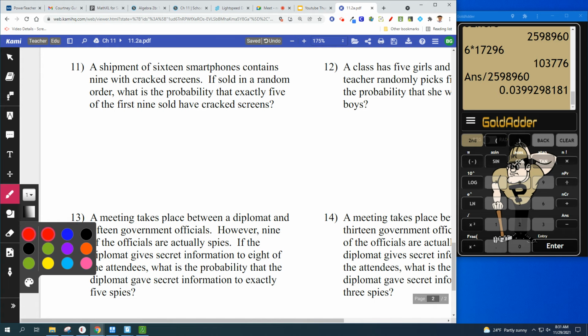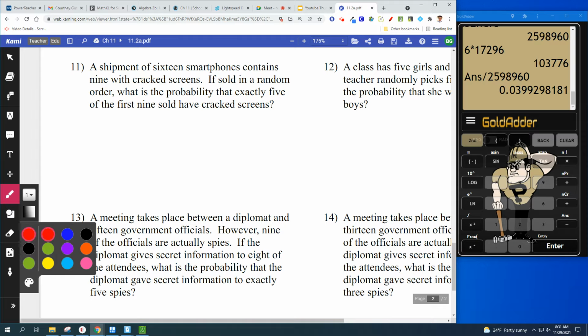Number 11. A shipment of 16 smartphones contains 9 with cracked screens. If sold in a random order, what's the probability that exactly 5 of the first 9 have cracked screens? Okay. So 5 of 9 have cracked screens.